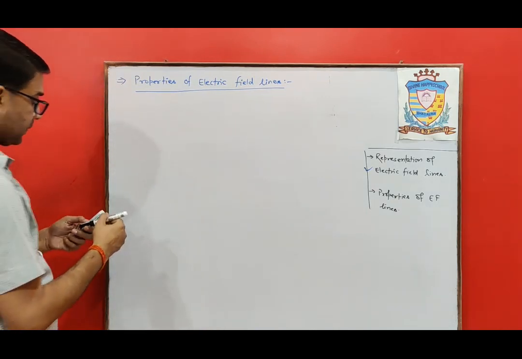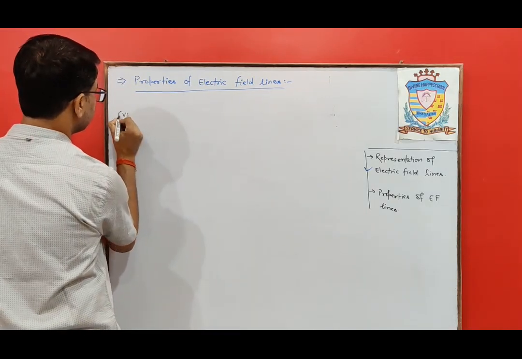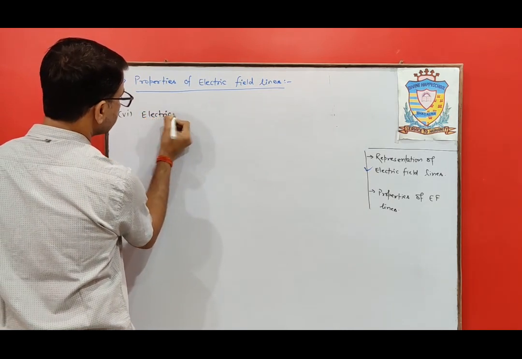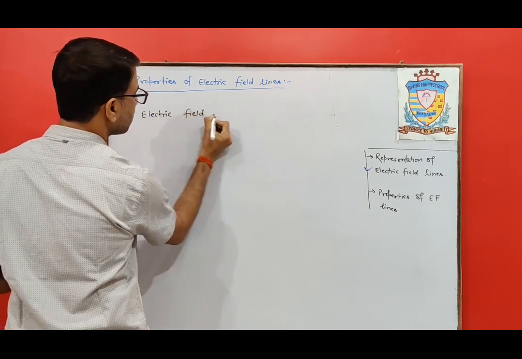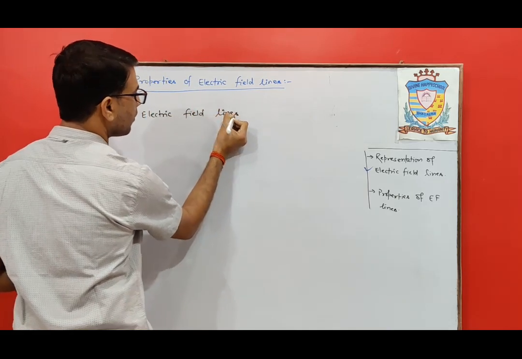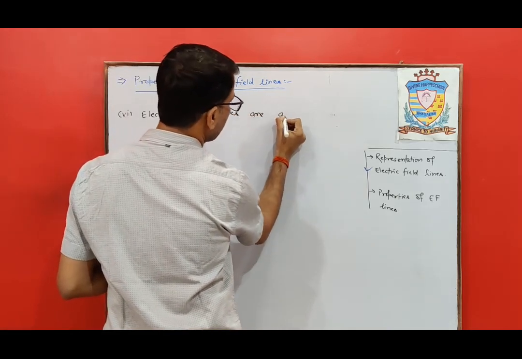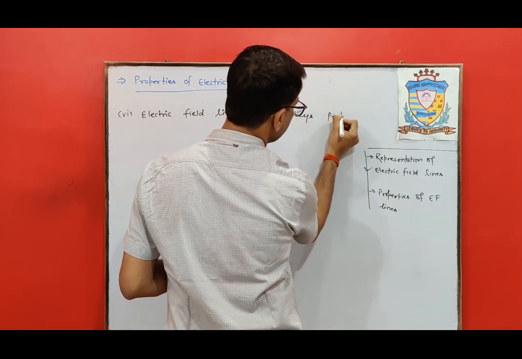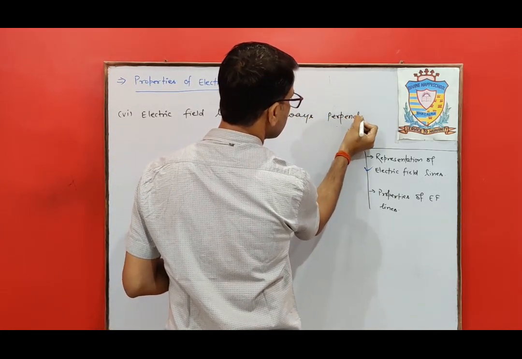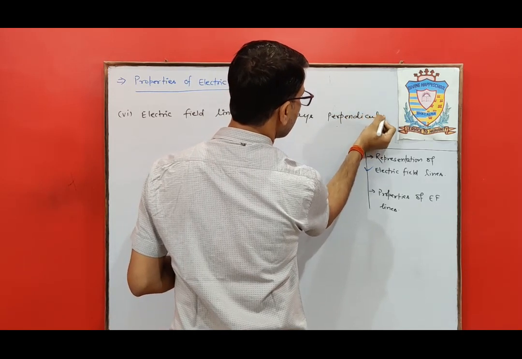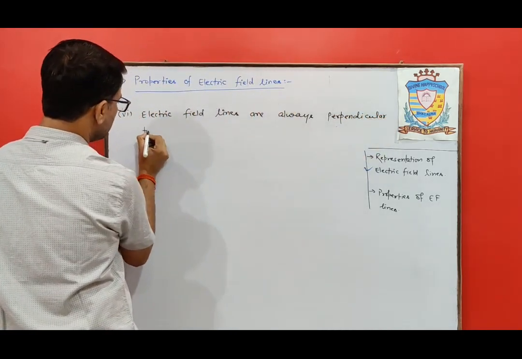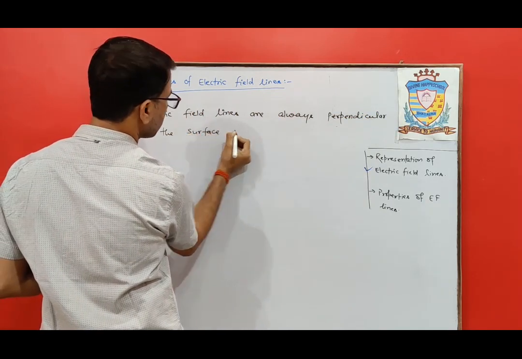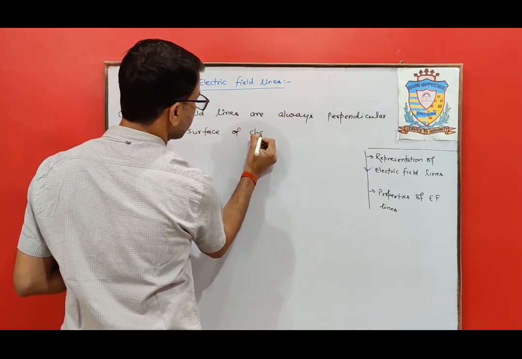Next: electric field lines are always perpendicular to the surface of a charged conductor.